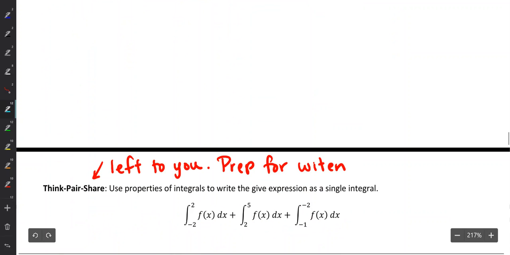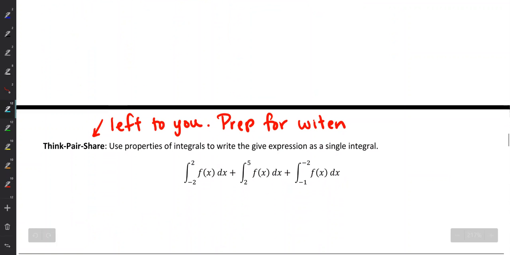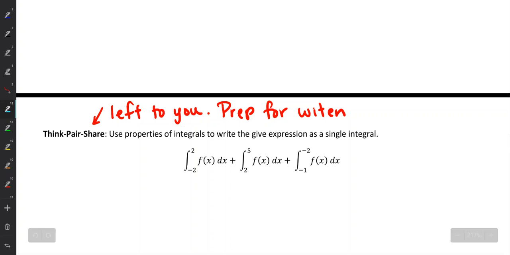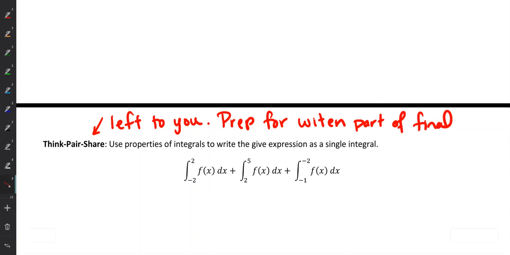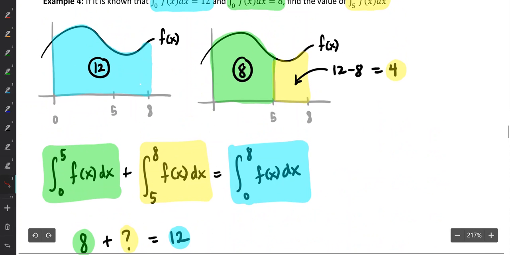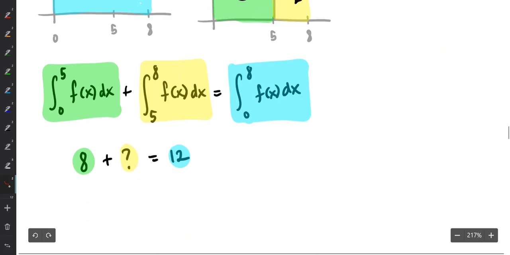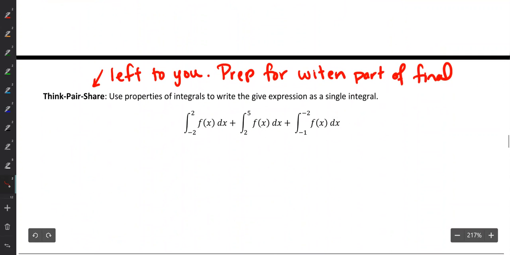Now, there is one last problem, a think, pair, share, and I'm going to leave it to you. And again, this is prep for the written part of the final. Might be on there, might not. And it's a little bit more involved than the one that we just did. You can approach it either from a graphical standpoint or from an analytic standpoint. I will give you one little hint.